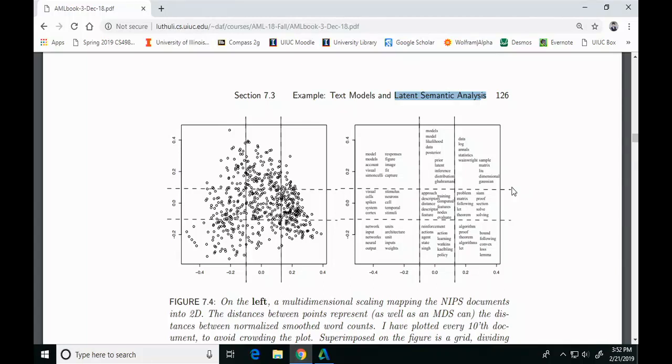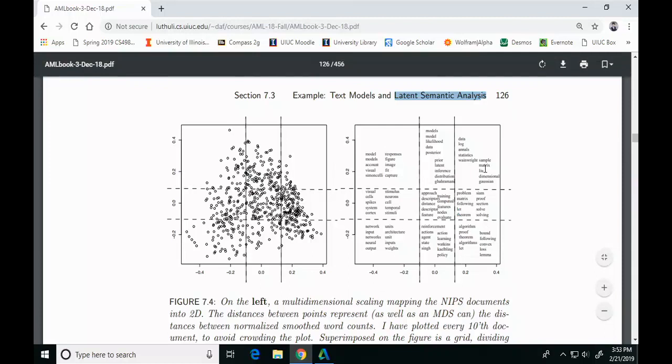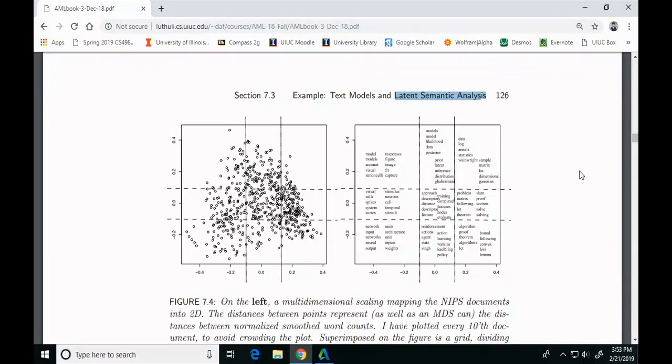So if we looked at this example, oh, I didn't switch my thing, and you guys didn't call me on it. If we look at this example, we could probably find a topic for each of these quadrants that might make sense, where all of the papers in that individual quadrant came from that same topic. So we'd have 9 topics.